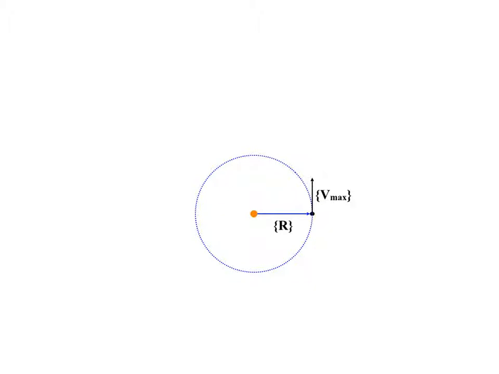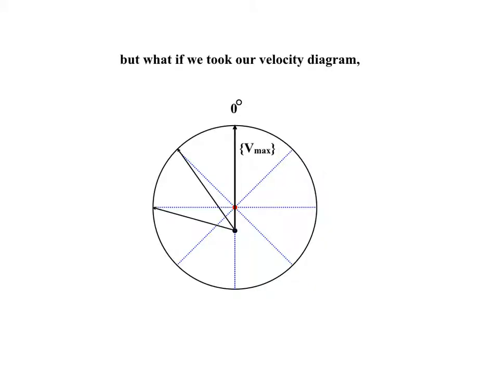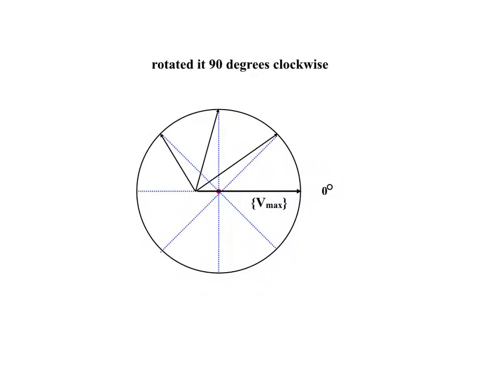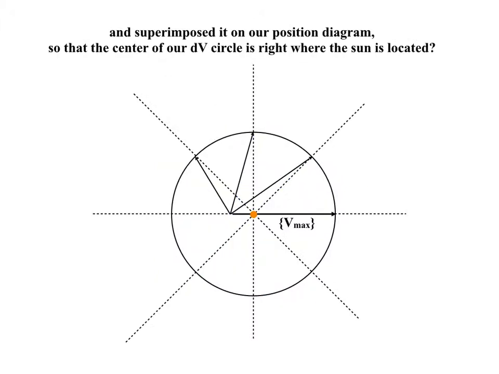Of course, we set it up that way so that Vmax was pointing straight up in both diagrams. But what if we took our velocity diagram, rotated it 90 degrees clockwise, and superimposed it on our position diagram so that the center of our dV circle is right where the sun is located?